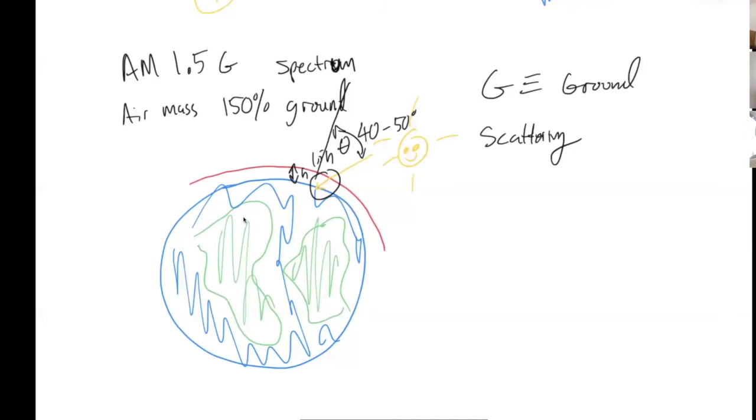So that's the ground spectrum, and that is in contrast to the direct spectrum, which consists only of the light that impinges directly on the object in the pathway of solar irradiation.